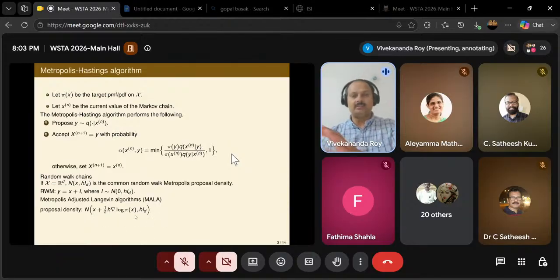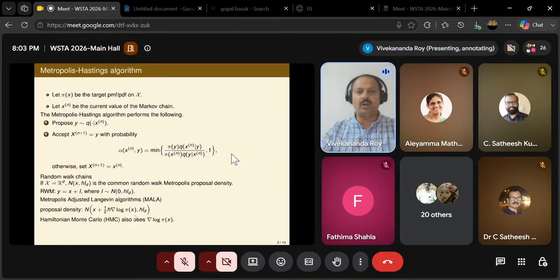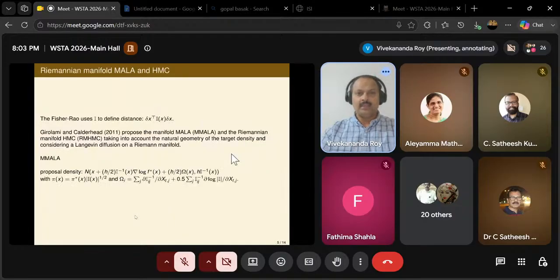It's a normal density with the variance covariance matrix simply h times identity, and the mean simply x plus h by 2 del log pi x, the gradient of the log target. Here, the mean and the variance are more complicated. In fact, both depend not only on the gradient information, but also on higher order derivatives: the information matrix and its derivative.